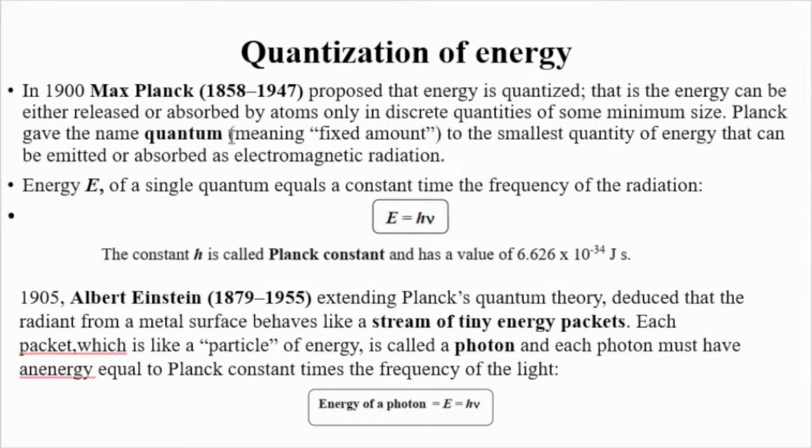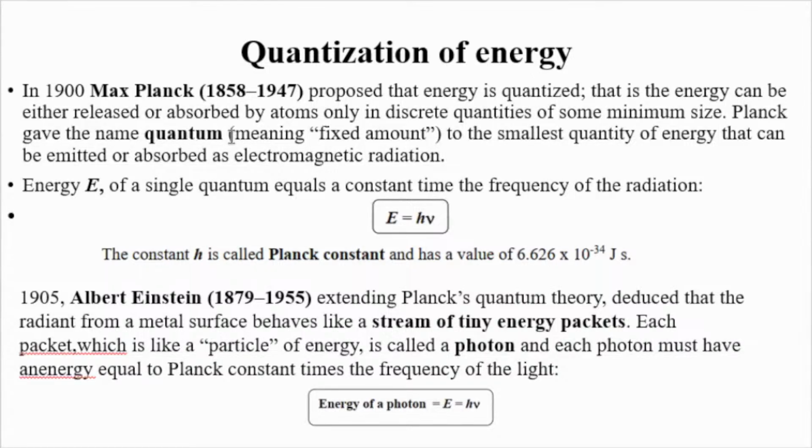Then after 5 years, Albert Einstein, the greatest scientist, extended the Max Planck's quantum theory. He explained this further. Then he deduced that radiant from a metal surface behaves like a stream of tiny energy packets.